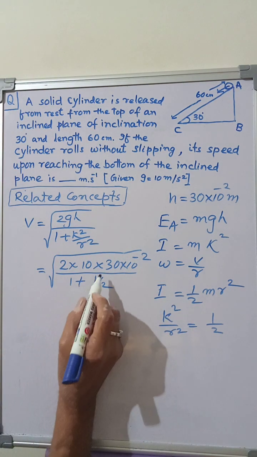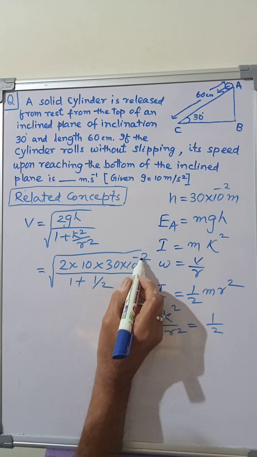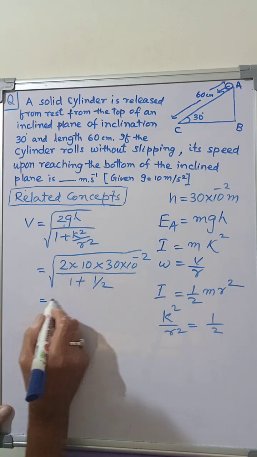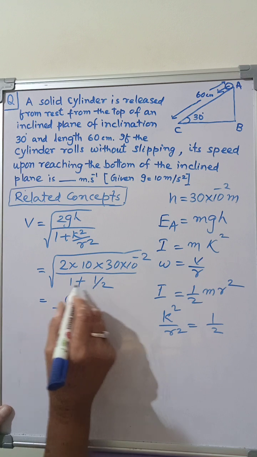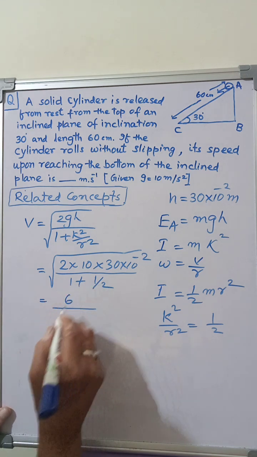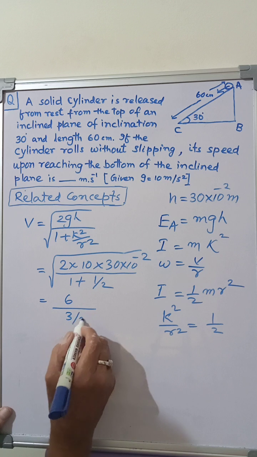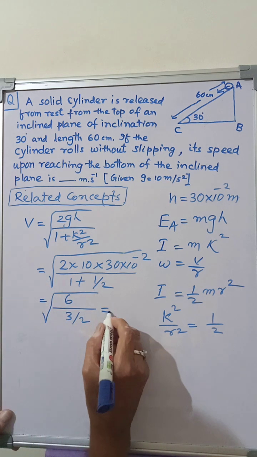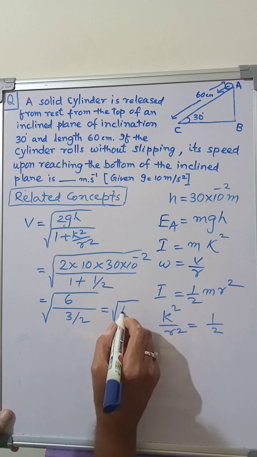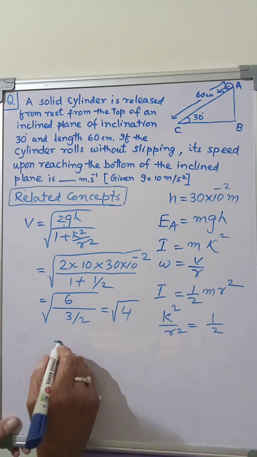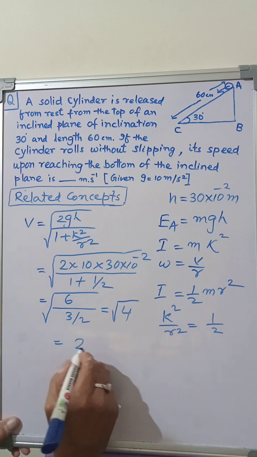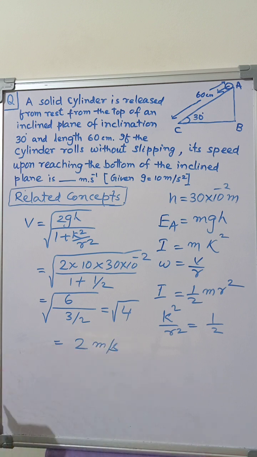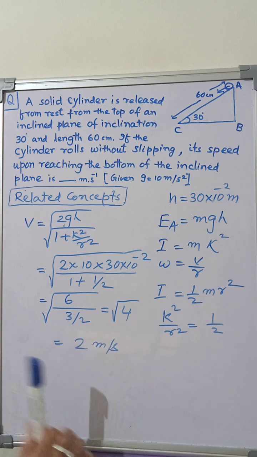Now one can easily see that the two zeros and 10 to the power minus 2 get cancelled. We got 3 into 2 is equal to 6 divided by 1 plus 1 by 2 is equal to 3 by 2, whole root over. This on simplification gives root over 4, which is equal to 2 meters per second. So v is equal to 2 meters per second.